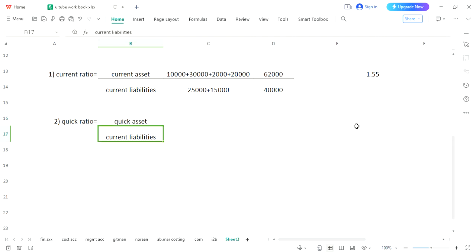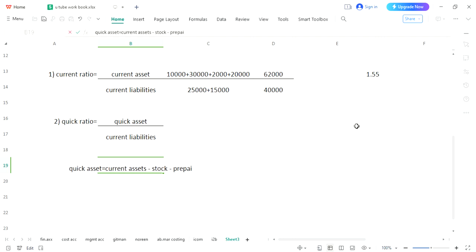There are two ways to calculate quick assets. Here I can either take current assets and skip stock and prepaid. Or the second way, you can take current assets and then subtract stock and subtract prepaid.